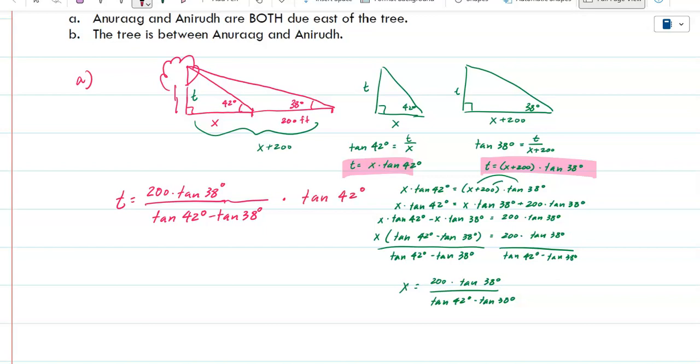We can't simplify because it's a binomial, and that's just the final answer. You can use the other one if you wanted to. It doesn't matter. You're going to get the same answer, but I just used this more simple one.